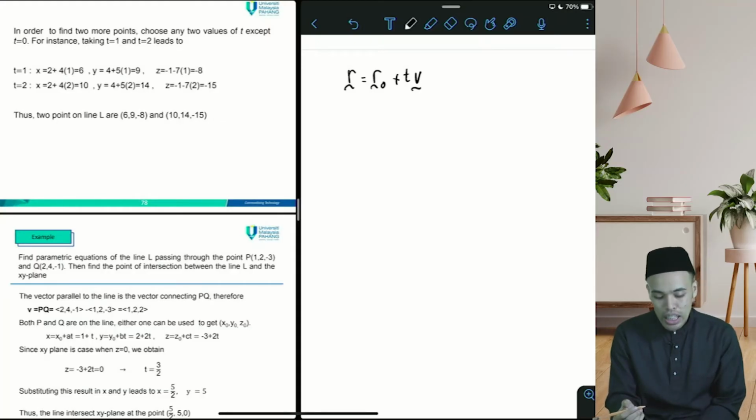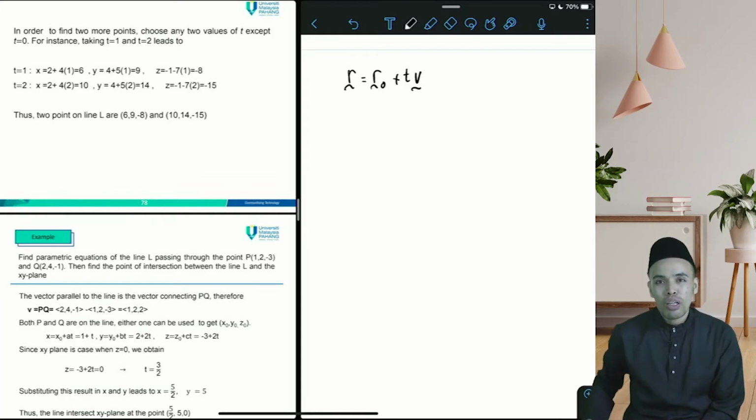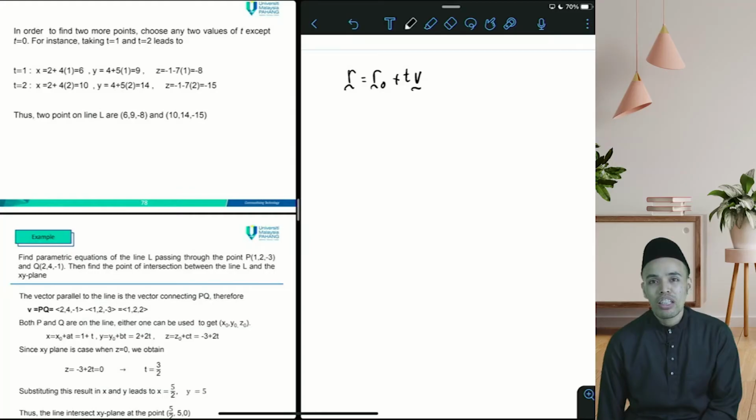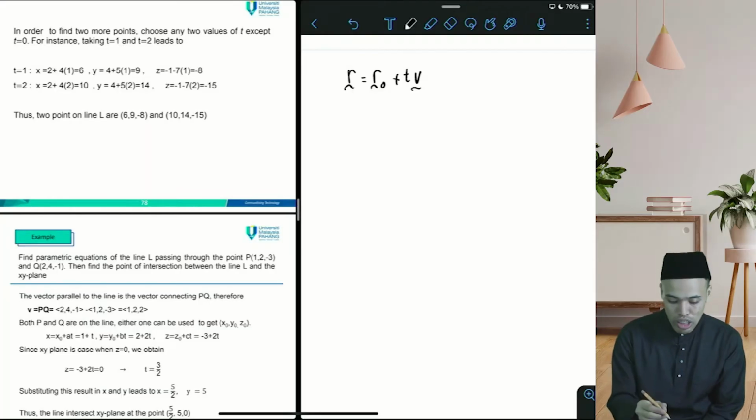So in this case, we search for the parallel vector first. The parallel vector for this line can also be a vector that lies on the line. Since we have 2 points that lie on the line, point P and point Q, vector v is simply vector PQ.